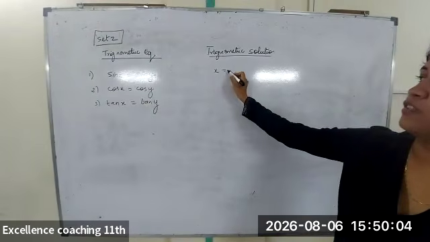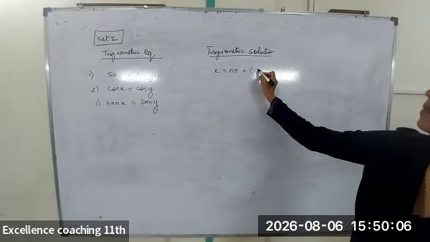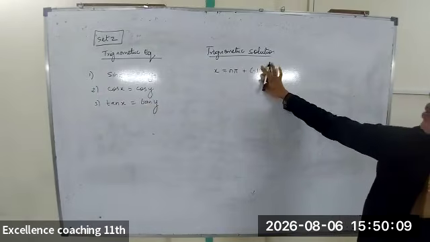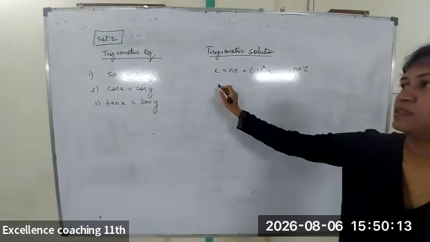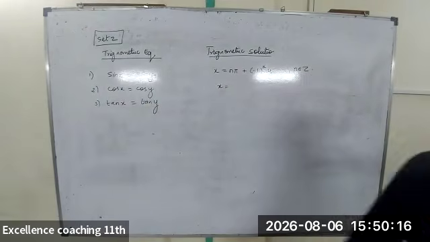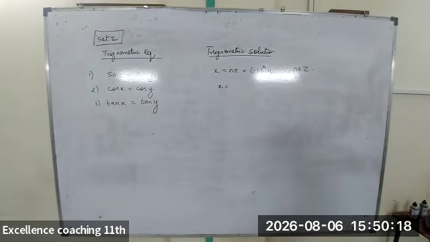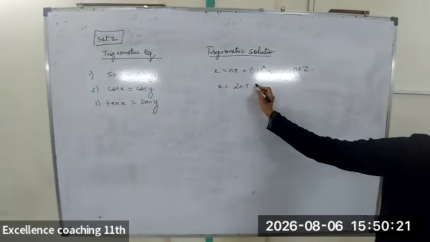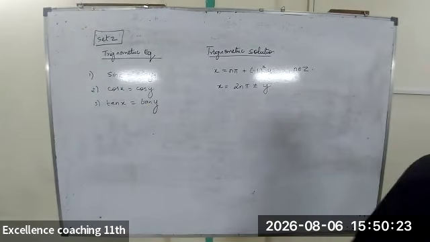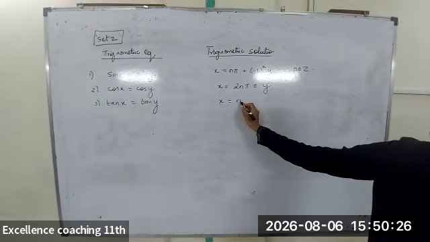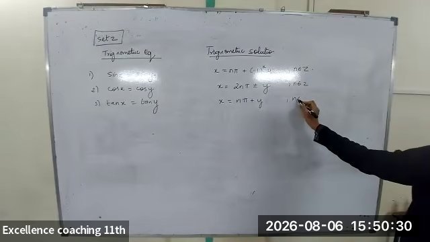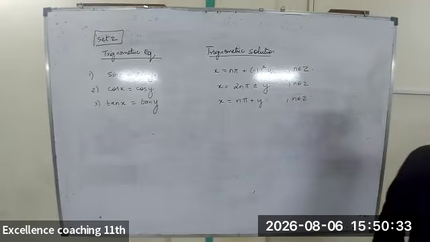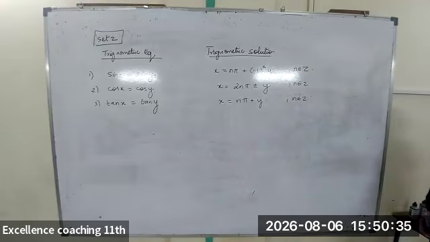Now this is the solution for this one. Minus 1 raised to n, then plus, and the last one is n pi. So only sine, cos, and tan you have to learn.